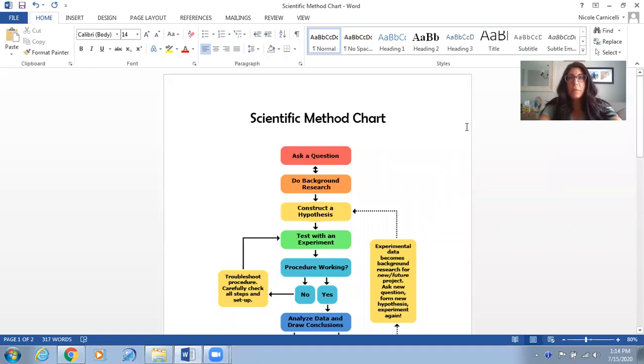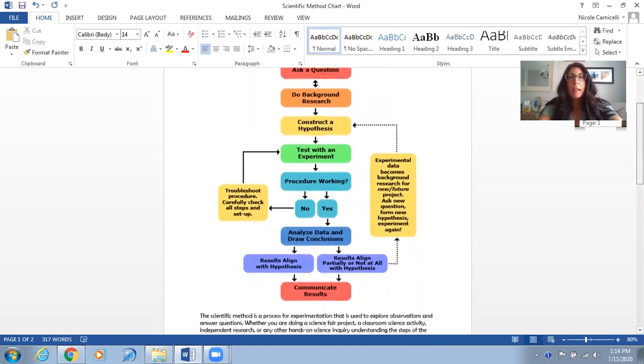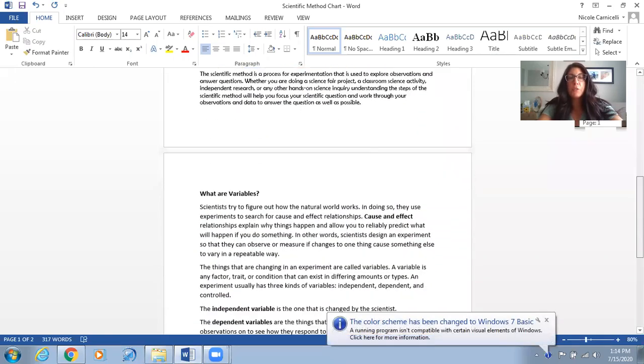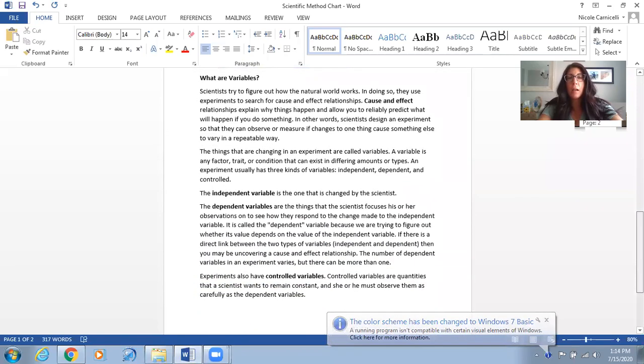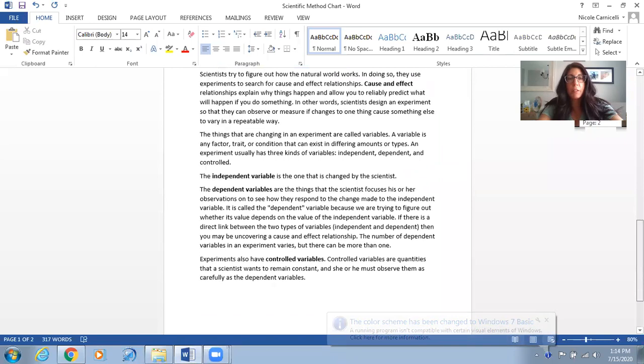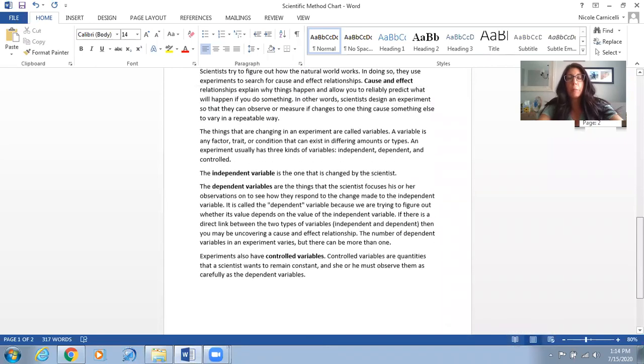Okay, so the scientific method, this is the chart that I went over during class today. Underneath it, it goes over some really helpful information about what a variable is, like an independent and dependent variable, and a controlled variable.